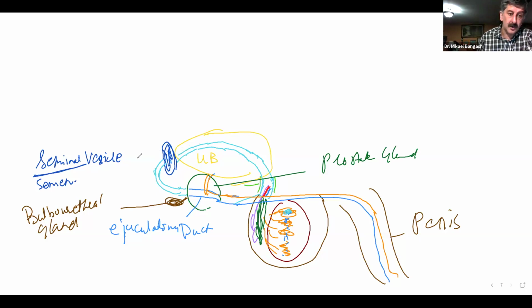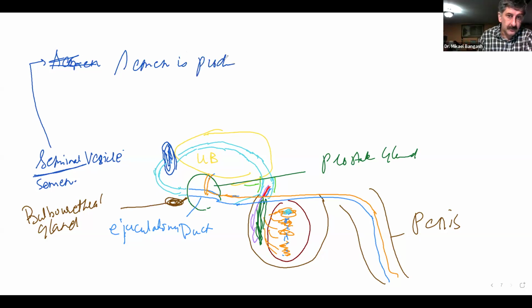Eventually, it passes a structure called the seminal vesicles. Did that make sense? Now, why do we call the seminal vesicle the seminal vesicle? Because this is mainly where something that we call semen is produced.